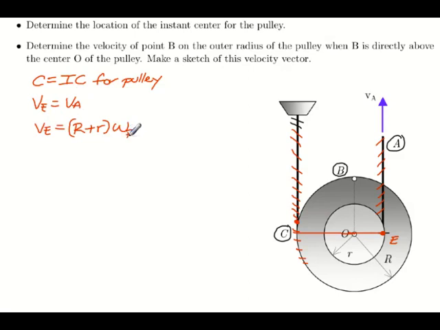Okay. So therefore, the omega of the pulley is equal to the velocity of E. That's the same thing as the velocity of A divided by R plus r.